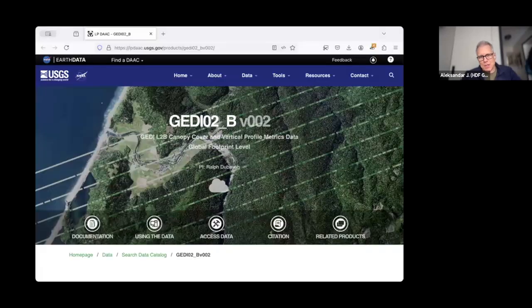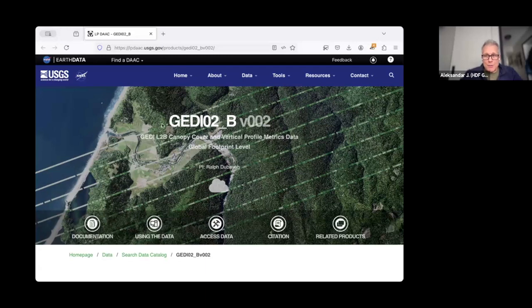So the file that I'm talking about belongs to a NASA instrument. I had a session, maybe even a year ago, where I talked more about the instrument and everything else. I don't want to spend time on that.